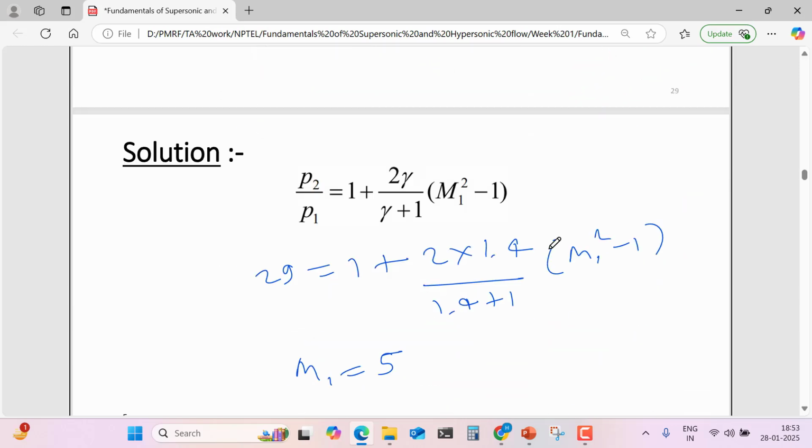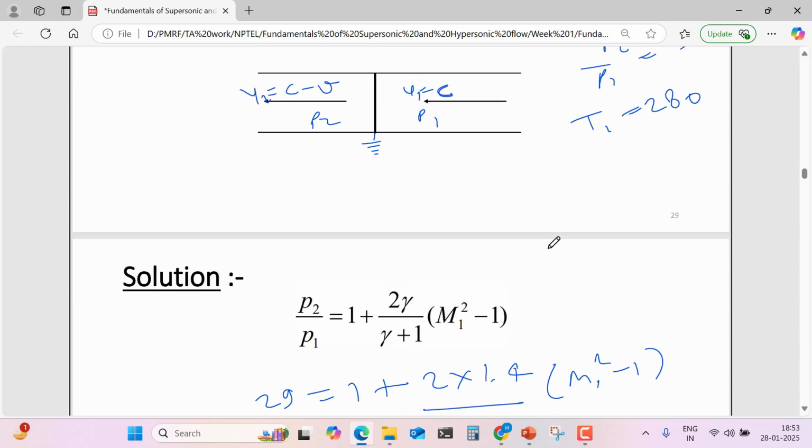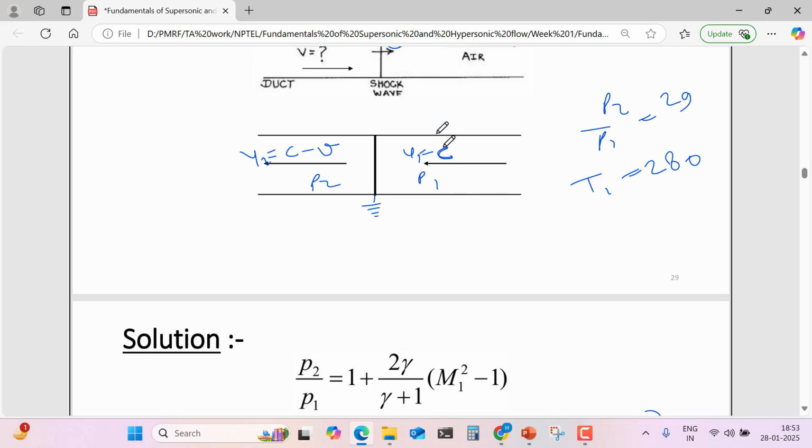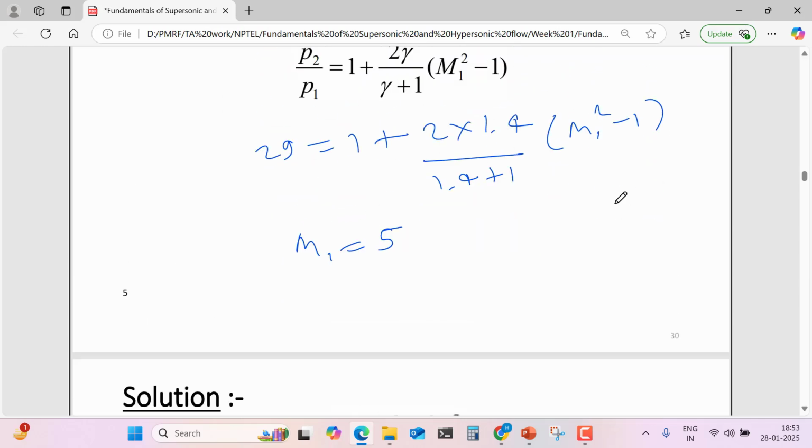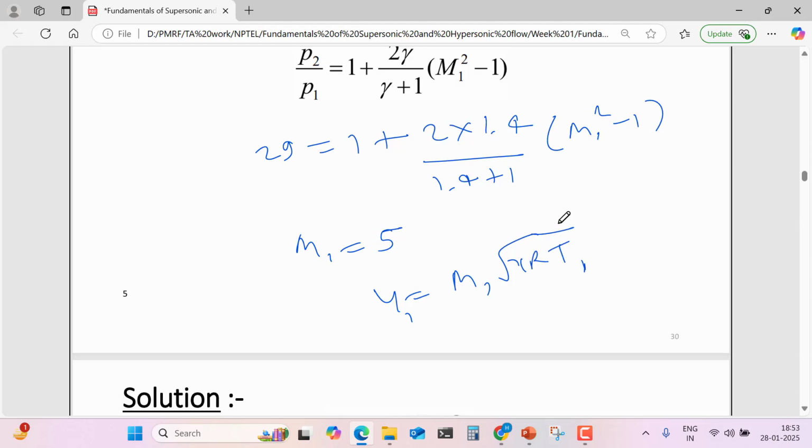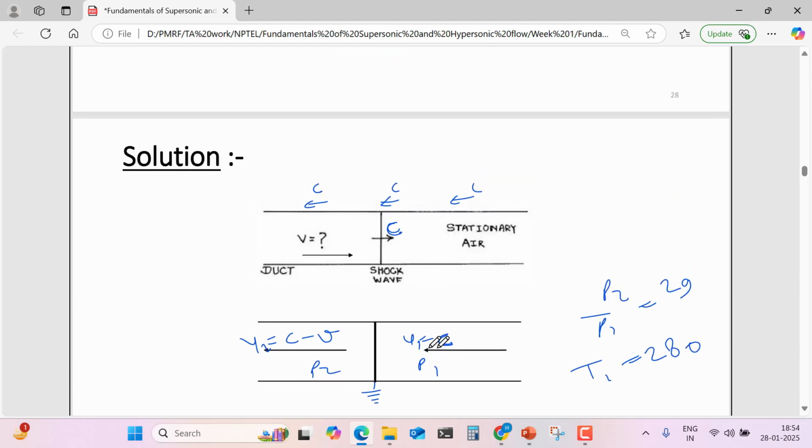Now we know M1 equal to 5, then we can get u1 equal to M1 times under root gamma R T1. T1 we know is 280, and this u1 equal to c.